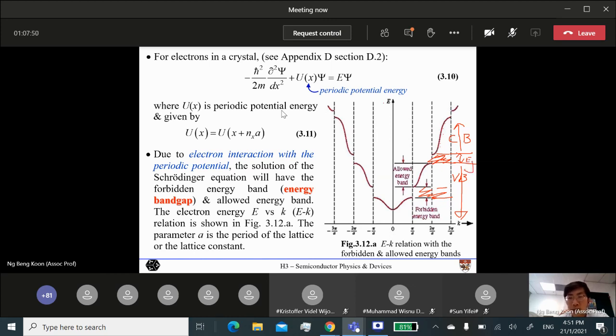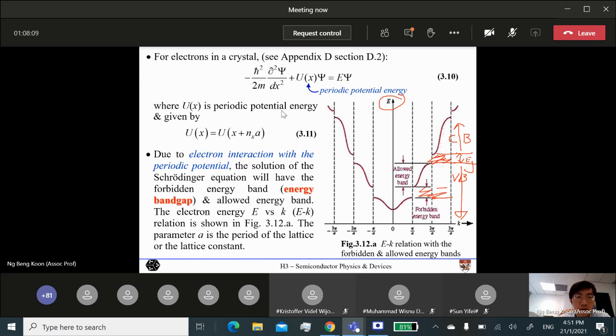But of course, take note that in this graph we are plotting energy against K. In the previous one that we showed, we had 2 lines, right? And we said that this is EC, EV, and then we have a band gap, EG.